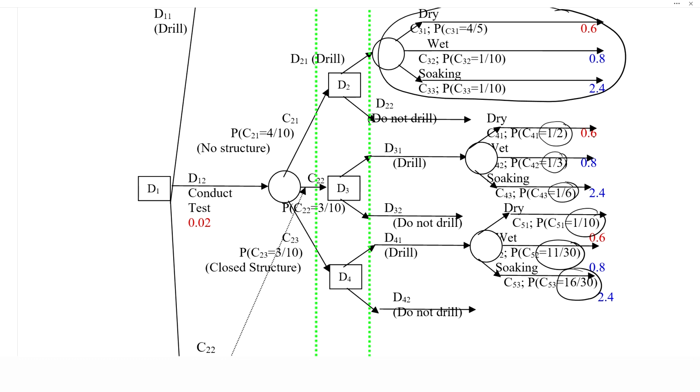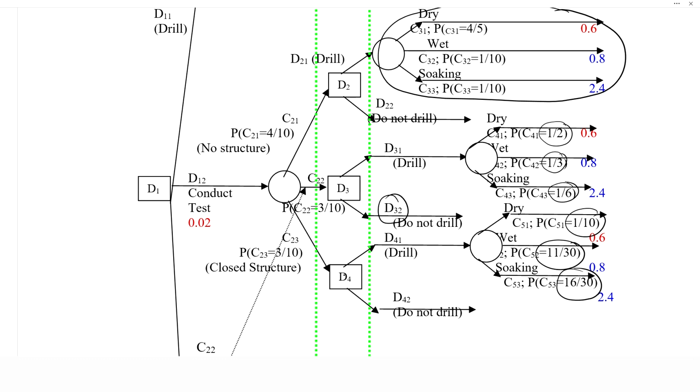Then you calculate the value of this D3 1 root, which is 1 by 2 into minus 0.6 plus 1 by 3 into plus 0.8 plus 1 by 6 into plus 2.4, and you compare with D32.